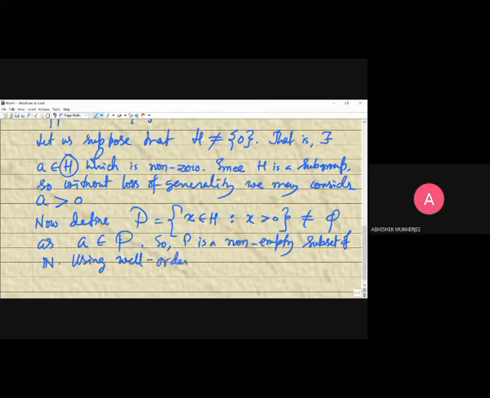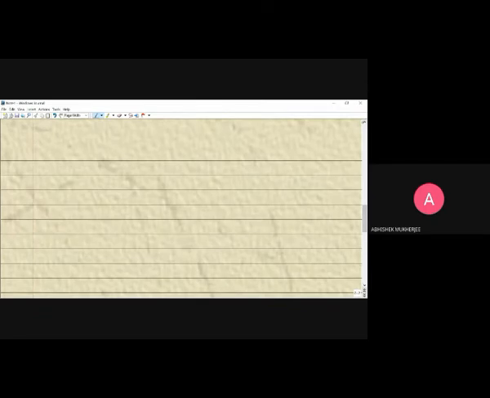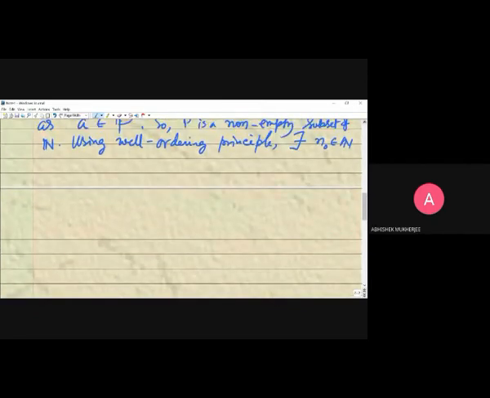So there exists n naught belonging to N such that n naught belonging to P is the least element of P.